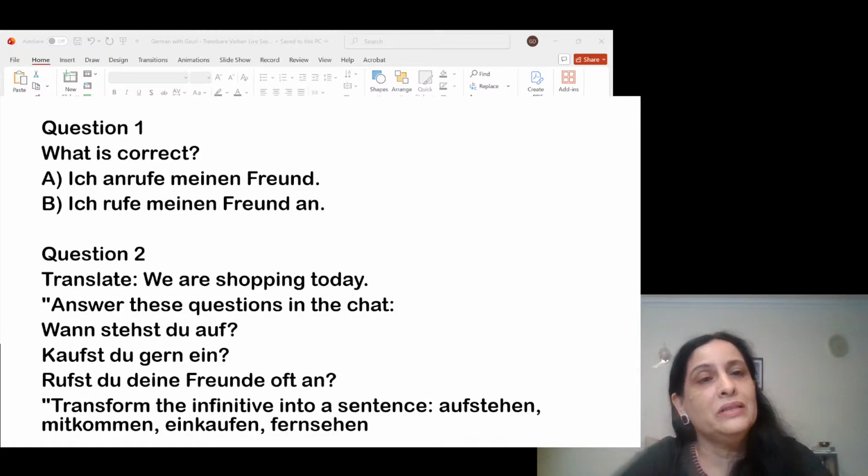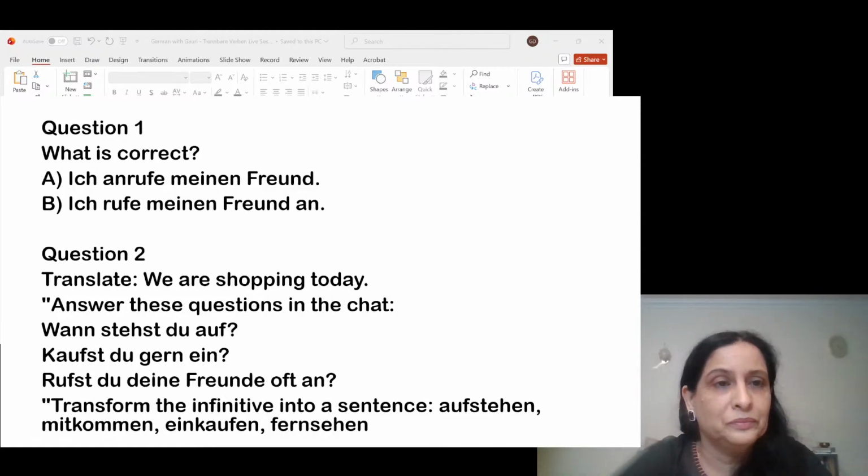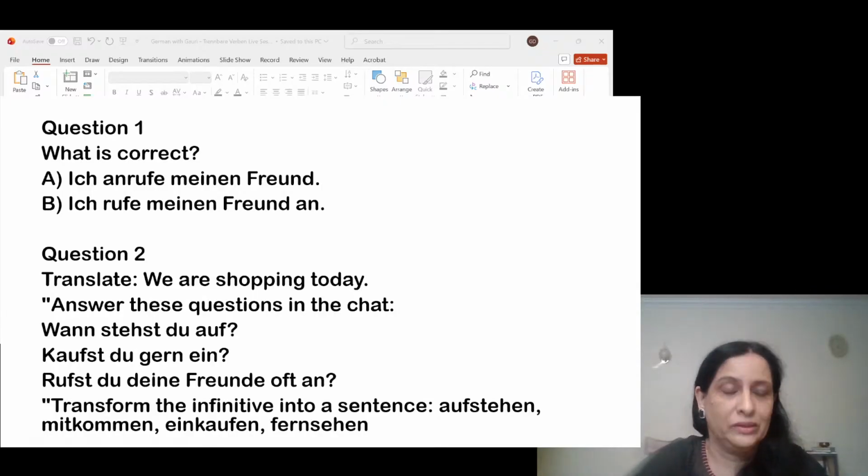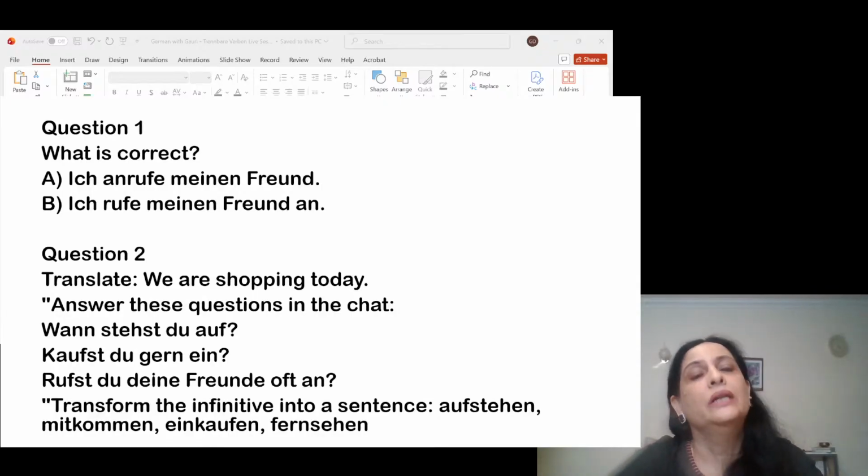Now, question one: what is correct? A: Ich anrufe meinen Freund. Or B: Ich rufe meinen Freund an. Okay. So which of these sentences, A or B, is correct?